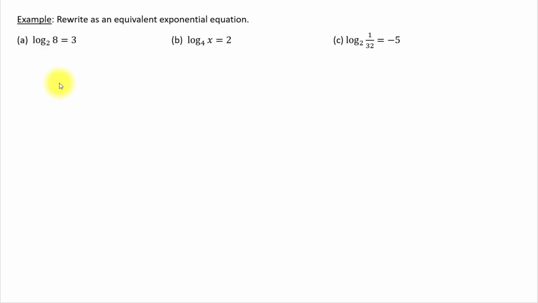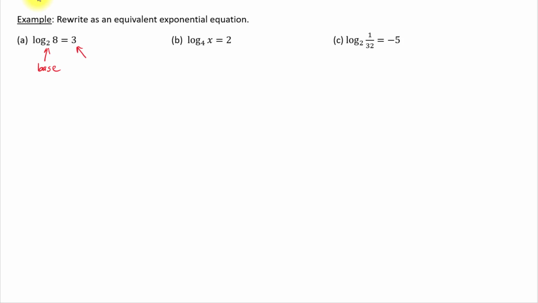Let's practice how to switch from the logarithmic form to exponential form and back. In this example, we have to rewrite these logarithmic equations using an equivalent exponential form. The first equation is logarithm of 8 with base 2 equals 3. To obtain its equivalent exponential form, we need to remind ourselves of the roles that all these numbers play in this expression. So 2 is the base of the logarithm, and it will play the same role in the exponential form.